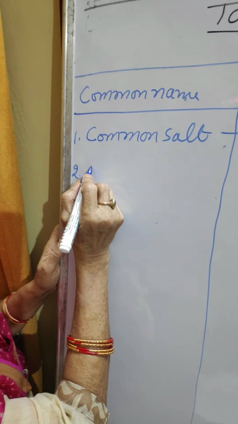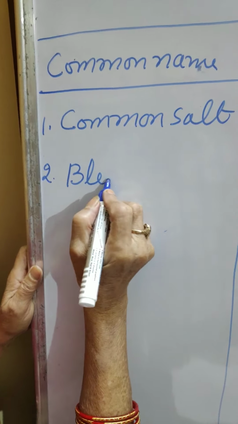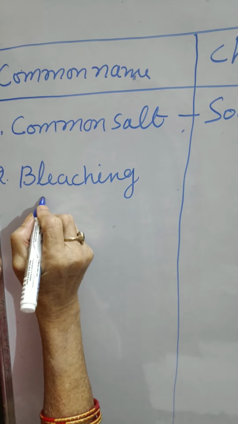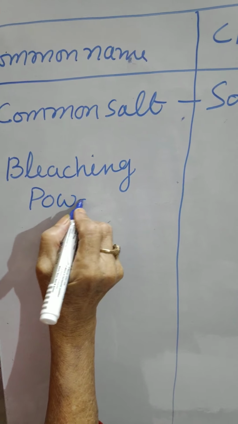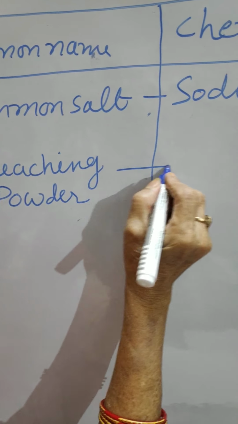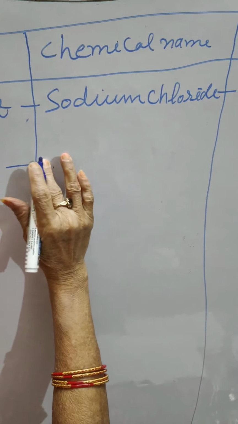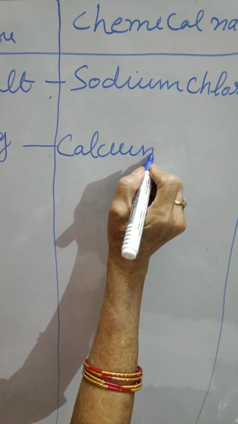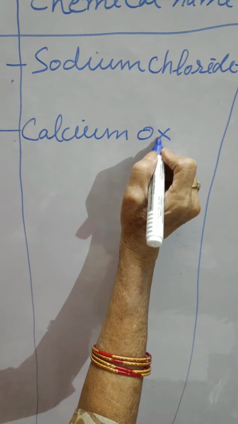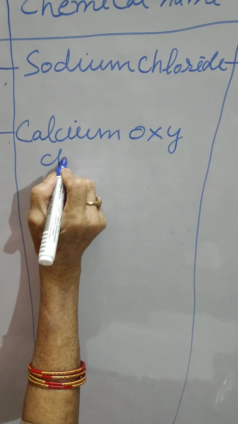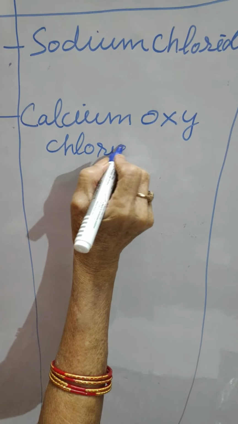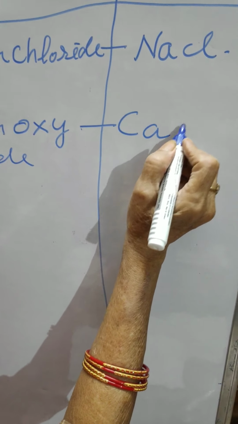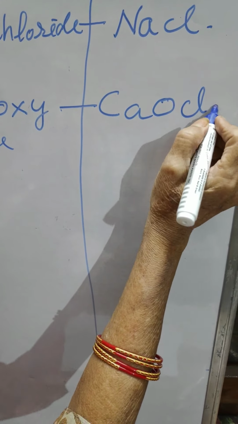Second is bleaching powder, calcium oxychloride, and the formula is CaOCl2.